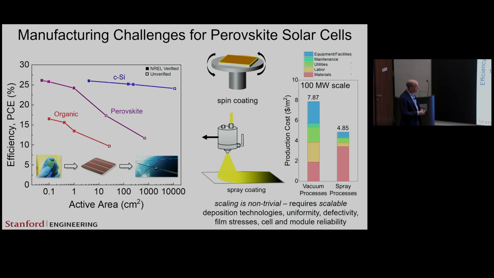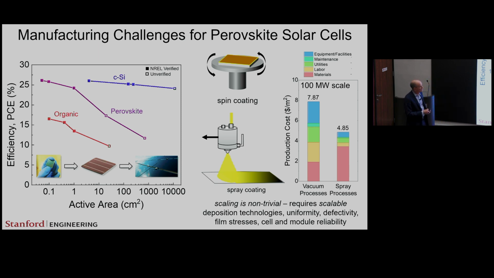So as you increase the active area, you see this decrease. This has been the motivation for part of our work: how can we do this manufacturing but actually improve the efficiencies, and move in this direction here. All of our work is done with scalable processes. Spin coating is not scalable. Of course, like many other groups, we use spin-coated devices to make devices rapidly, to assess compositions or charge transport layers.